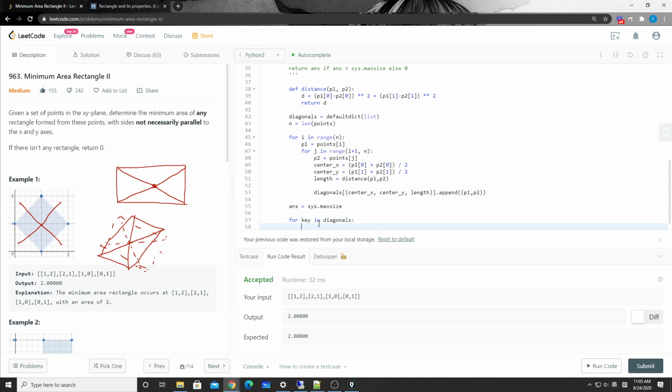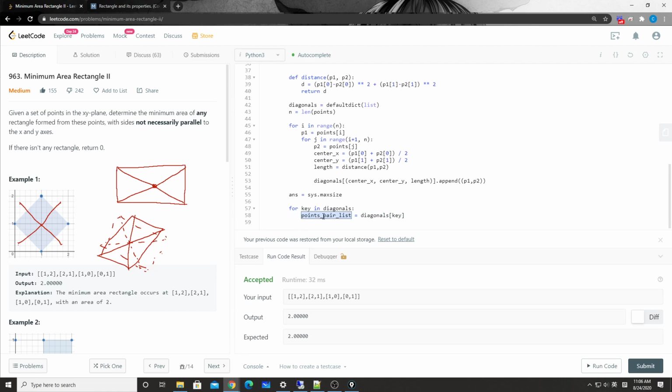So with the key we have the points pair list, equals to the diagonals key.